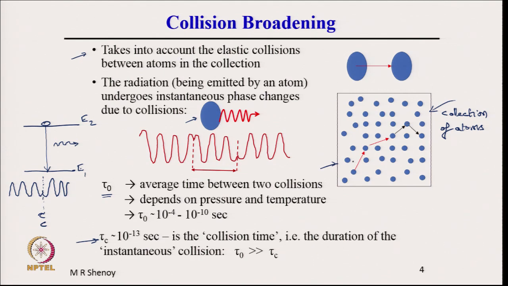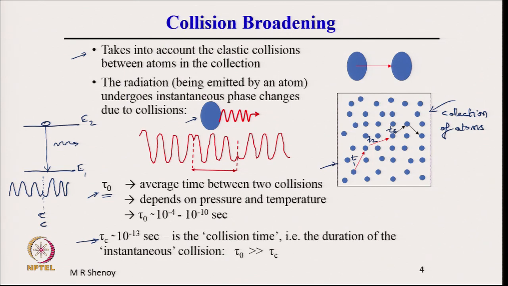So, it is the time taken. For example, this time is some time t1 between this collision, the next time between the next collision, that is from here to here it took some time before it collided. The second collision it may take a time t2, a time t3 and obviously they will be different, and the mean collision time is tau 0. Tau 0 we call the average time between two collisions.